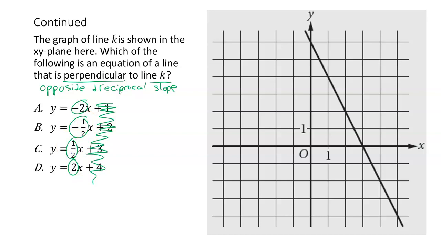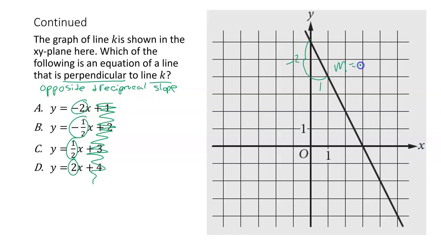So I have to know what the slope of the graph is. What's the slope of the graphed line? Slope is rise over run. So is it going up and down by 2 or by 1? 2. So we're going down 2, right 1.